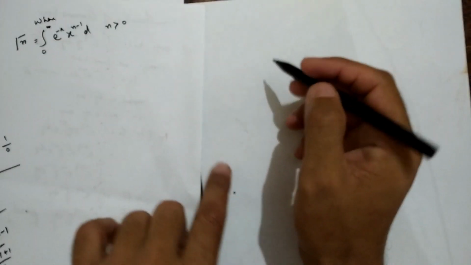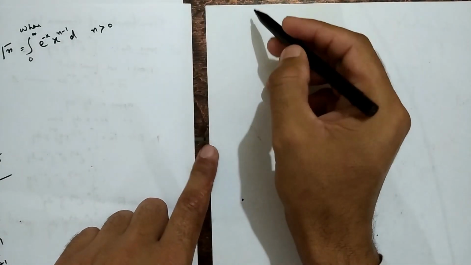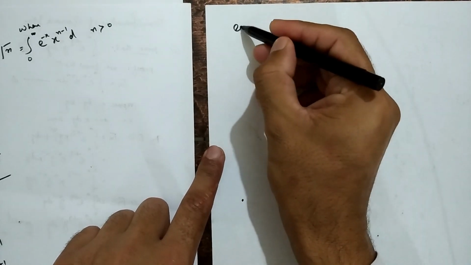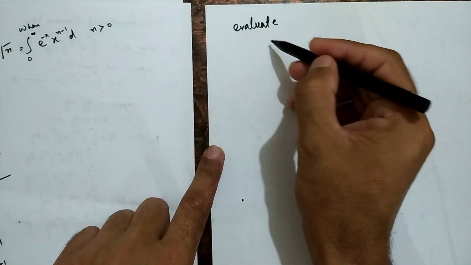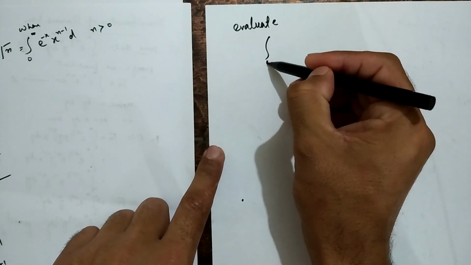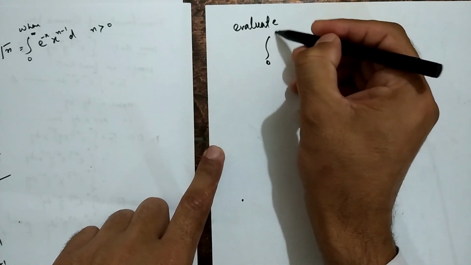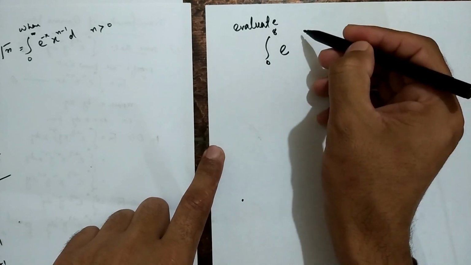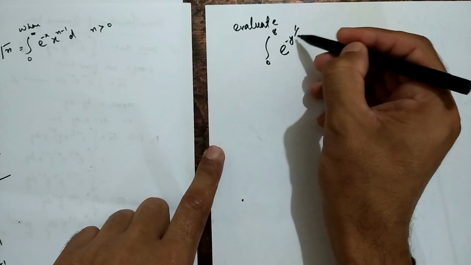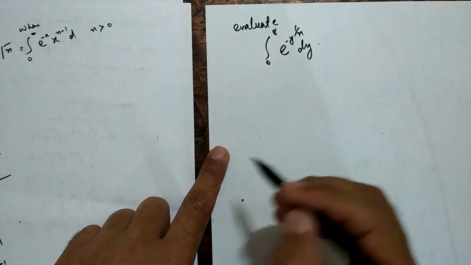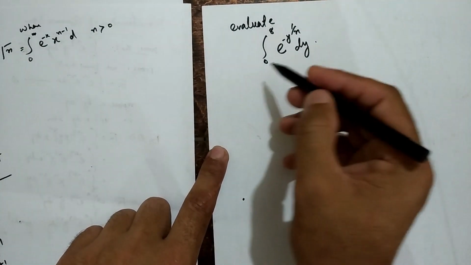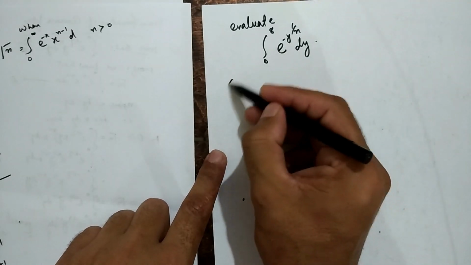Another question from the exercise is to evaluate the integral from 0 to infinity of e to the power minus y to the power 1 upon n dy. Solution.